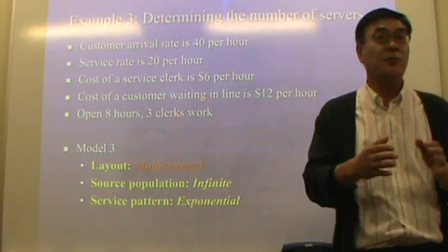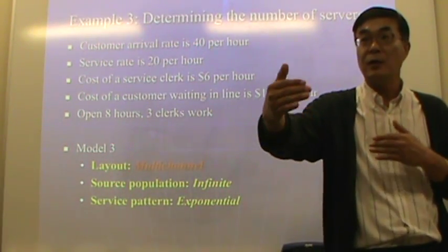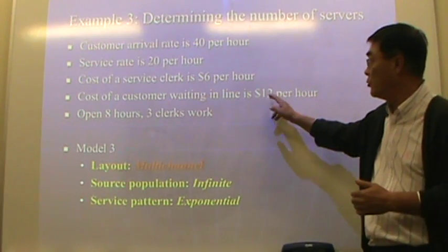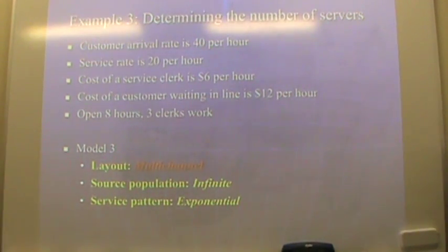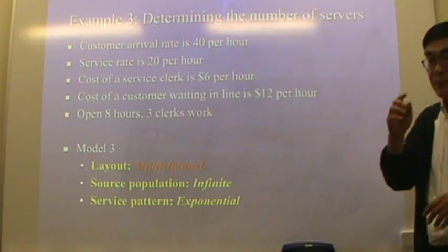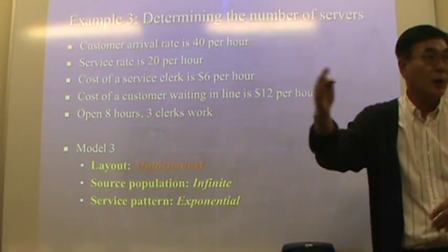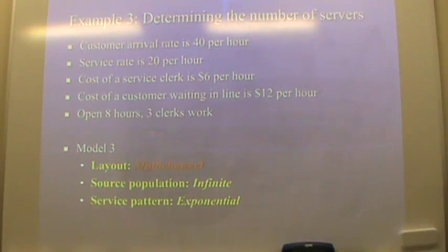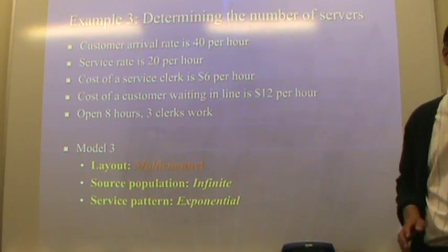If a person waits in line an hour, then $12 worth. And this store is open 8 hours. Now 3 clerks work. That means there are 3 waiting lines. Then determine if we need one more or not.